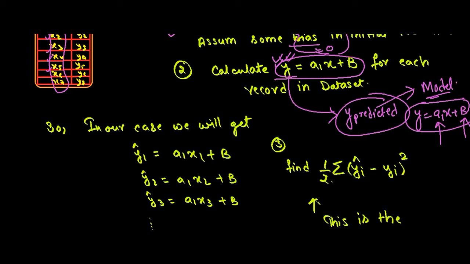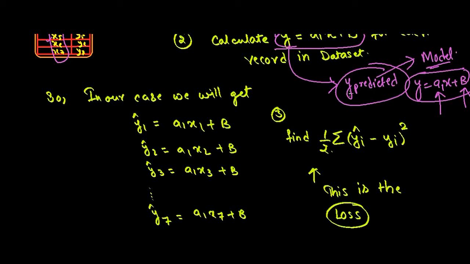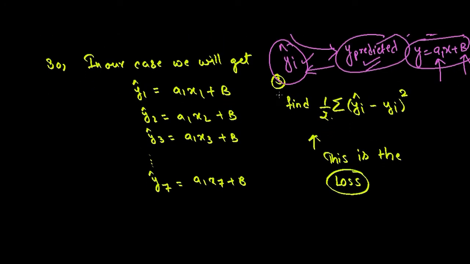Okay, after getting these y predicted values, and we can denote this y predicted as y cap i, let's say, for the ith record. Okay, after getting these values, what we do is we basically take the difference of the predicted one and the actual one.